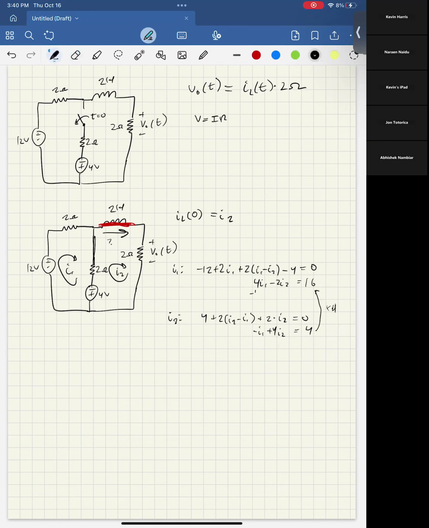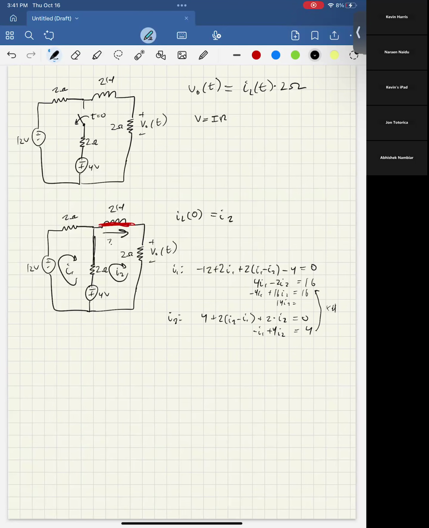So then we'd have negative 4 I1 plus 16 I2 equals 16. And then we get 14 I2 equals, wait, no, I'm messing something up. Where am I messing this up? One of my equations is wrong.